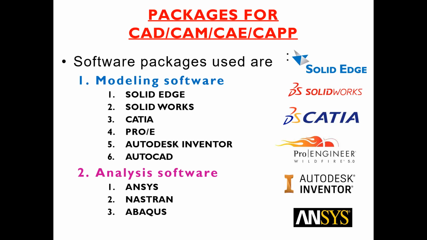And analysis means we perform different types of engineering analysis on the already created two-dimensional or three-dimensional model. The popular modeling softwares used in the industry are Solid Edge, SolidWorks, CATIA, Autodesk Inventor, and AutoCAD. And the most popularly used analysis softwares are ANSYS, NASTRAN, and ABAQUS.